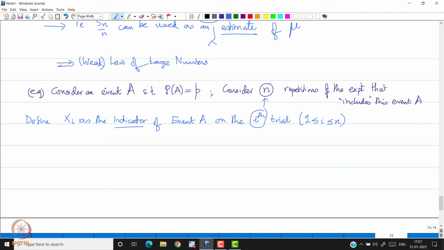So xi is the indicator of the event A on the ith trial, and so xi obviously is Bernoulli with parameter p, small p. In other words, that is the probability of xi taking the value 1.